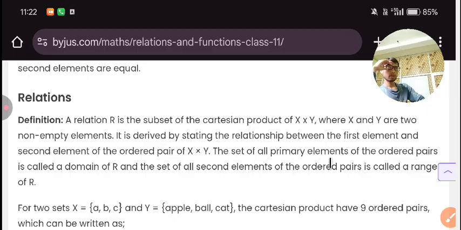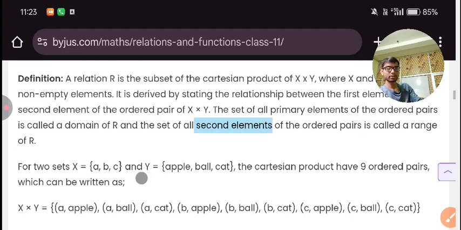The set of first elements of the ordered pairs is called the domain of R, and the set of all second elements of the ordered pairs is called the range of R. What is the meaning of this primary element? I will tell you, don't worry.